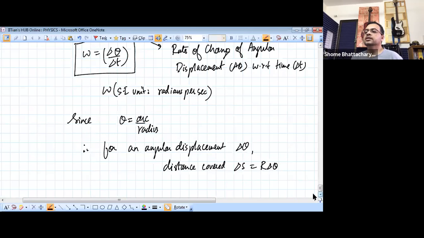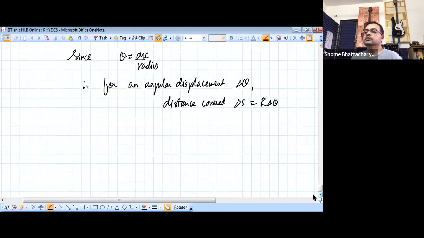Now this thing we can understand from a similar diagram like we've drawn earlier. If a particle in a certain amount of time is going from here to here, then what is the distance it is covering?